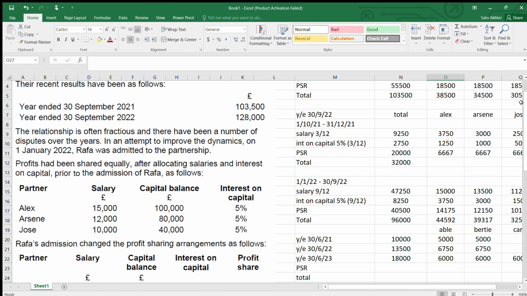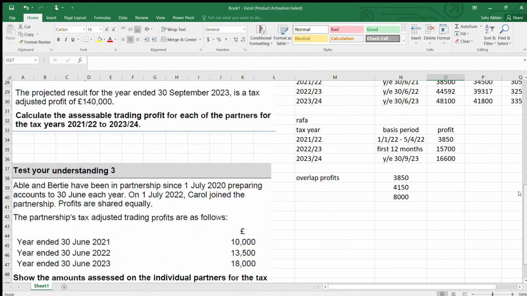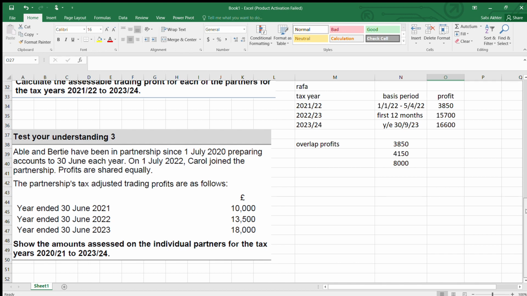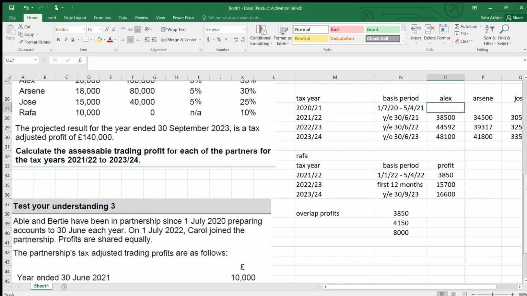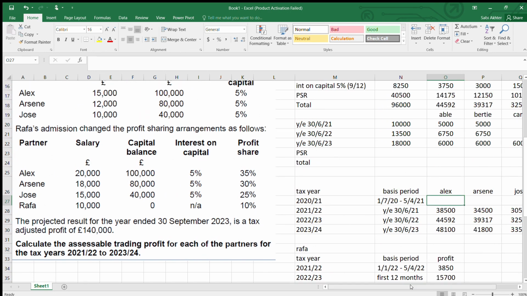So we have to take this for each individual partner. Since we have the similar profit, we don't have to do different for each.